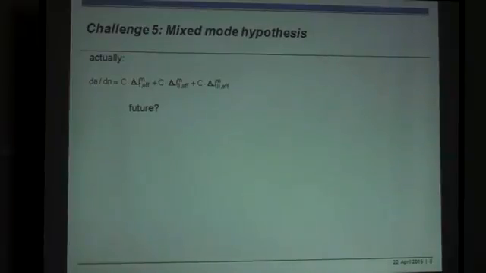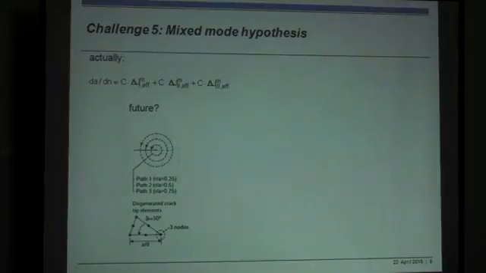I only have thoughts on what we could do in the future if our computers are a bit faster again. We could start, for example, to calculate these J integrals by a real path integration around the crack tip. And we started with a simple feasibility study some years ago.